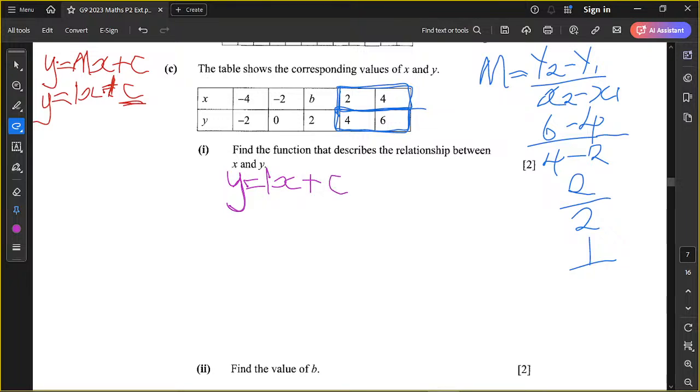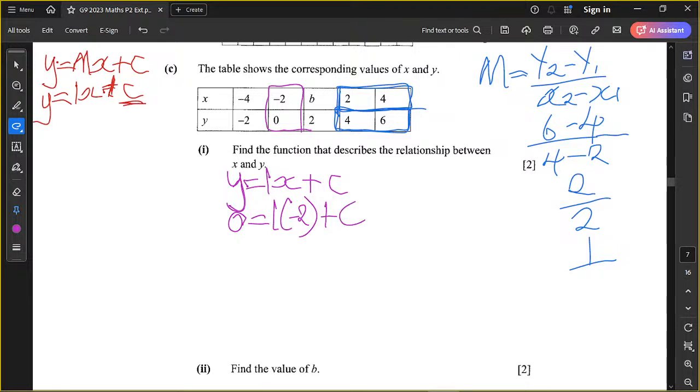Now let's take it that y is equal to 0 and x will be equal to -2. So where there is y, we put 0. So we say 0 is equal to 1 multiplied by -2, where there is x, we put -2, plus c.